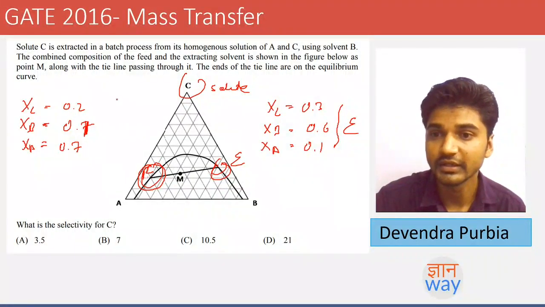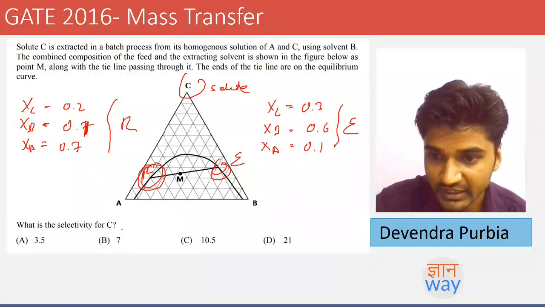So we know this composition in the raffinate phase. Now what is the selectivity of C?